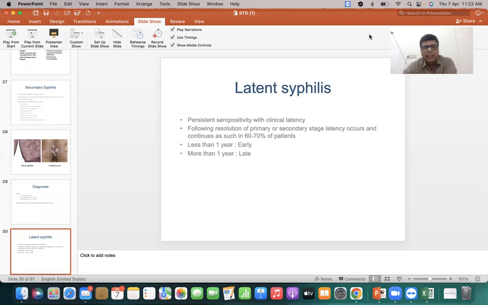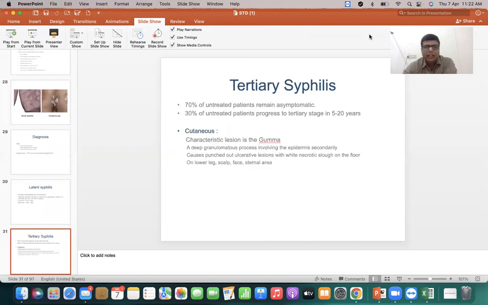If it is less than 1 year, we call it early latent, and if it is more than 1 year, we call it late latent. Tertiary syphilis: 70% of untreated patients remain asymptomatic and 30% of untreated progress to the tertiary stage in 5 to 20 years.